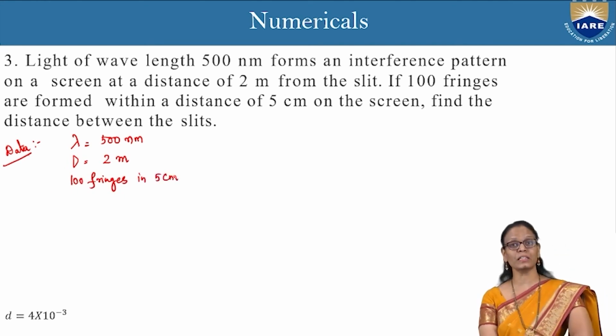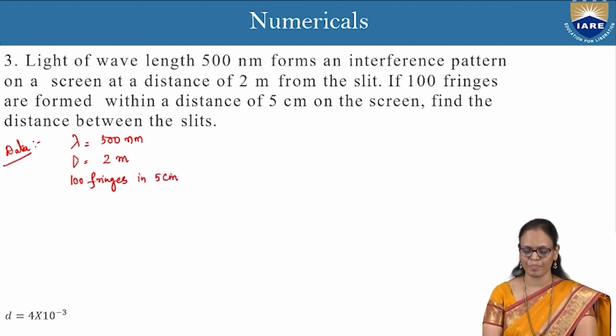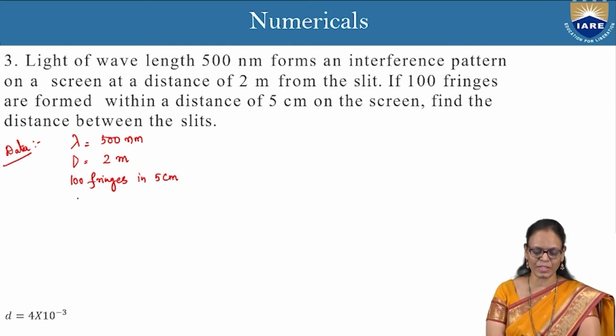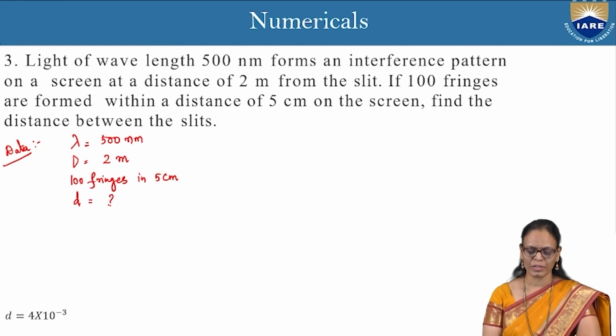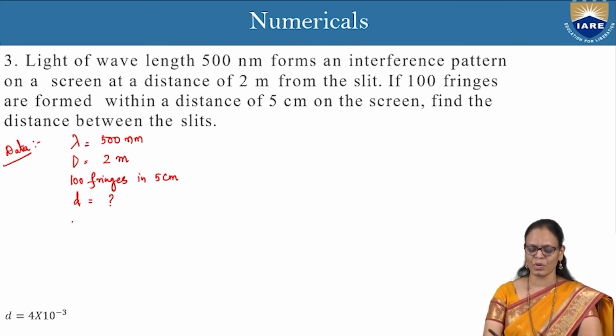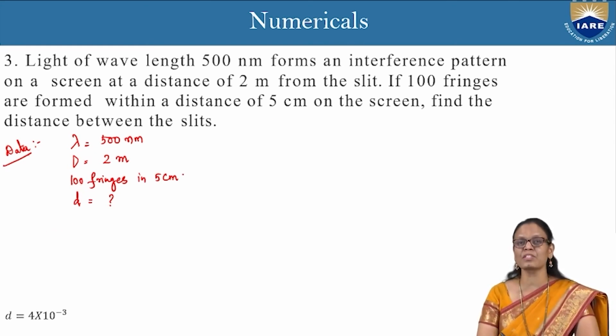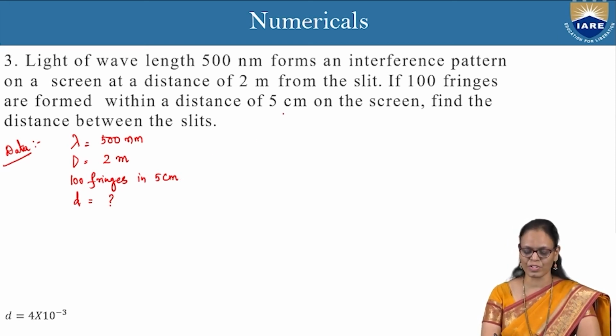So we have to find the width of each fringe and then find the distance between the slits, that is small d. So in order to do the numerical, first we'll try to find beta. If you are having 100 fringes in 5 centimeters, what will be the width of one fringe?